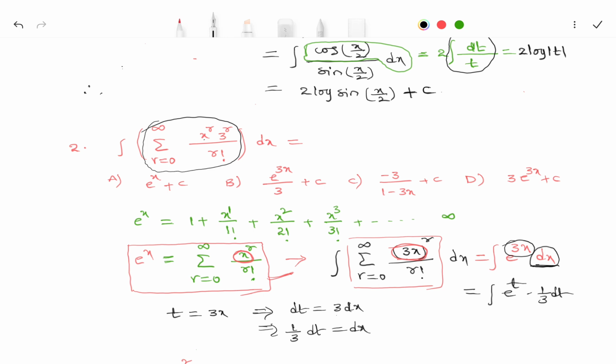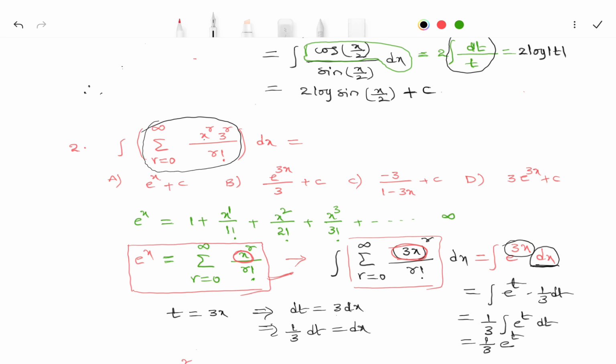So 1 by 3 is a constant; you write it outside: 1 by 3 into the integration of e power t into dt. What is the integration of e power x? It is nothing but e power x. So 1 by 3 into e to the power of t is the integral value.